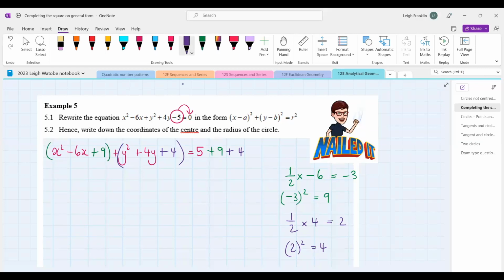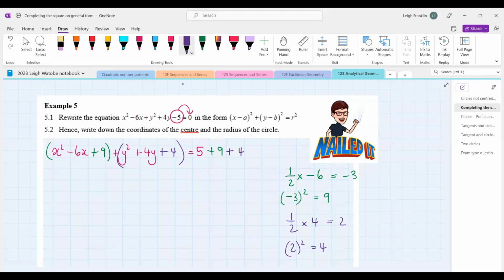The easiest thing for you to do is write it down like I did: complete the square, add the 9 on the left, add the 9 on the right. Then do your y squareds, complete the square, add the 4 to the left, add the 4 to the right-hand side. Now we are ready for the next step, which is factorizing.